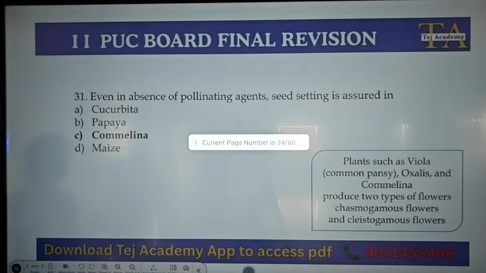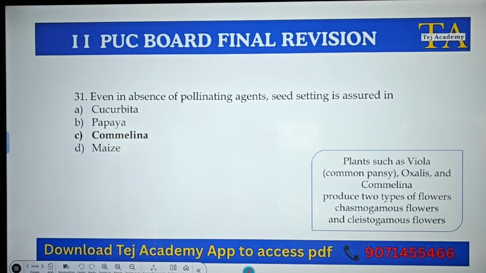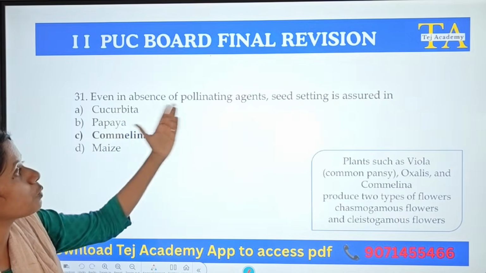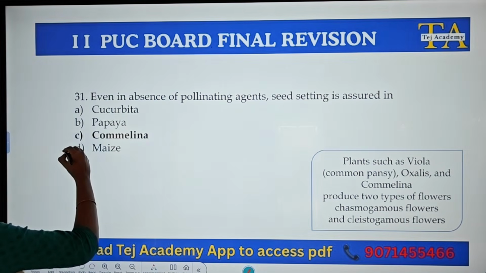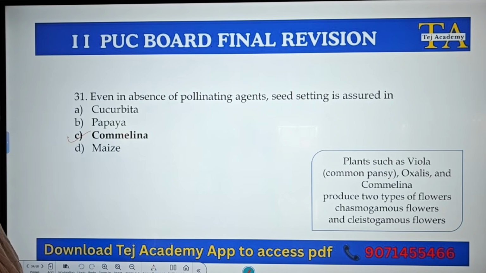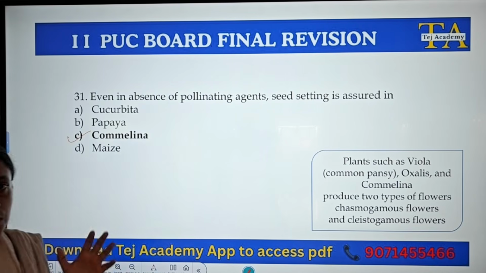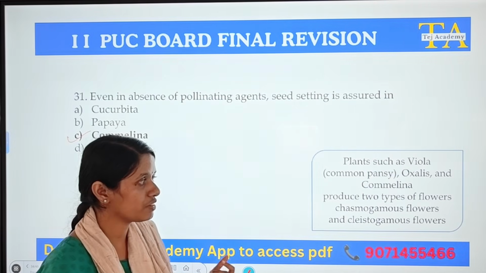The next question is, even in absence of pollinating agents, seed setting is assured in camellia. Okay. This concept is related to chasmogamous and cleistogamous flowers.